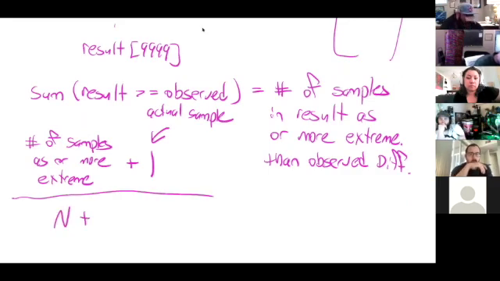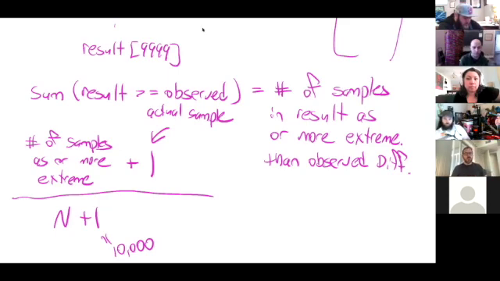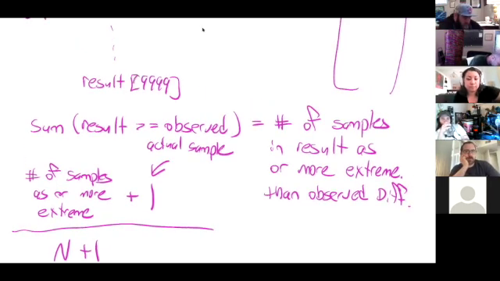And then we divide that by n+1. Okay, we add 1 back now since we included one more additional sample than what we had in our permutation distribution. So now in this case, we had 10 to the 5th, we have 10,000 over here. Sorry, 10 to the 5th is 100,000, right? We have 100,000, so I missed a 9.